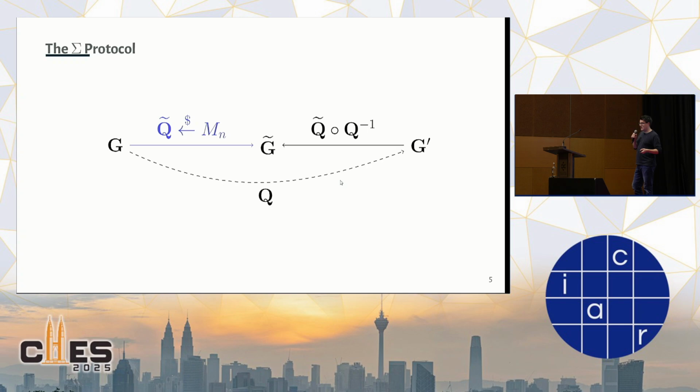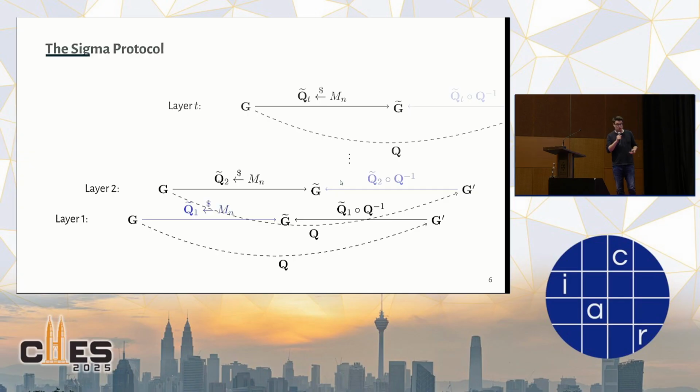Now, a verifier could ask, hey, please open this G tilde so I can verify that you know it. Or he could ask to release Q tilde times the inverse of Q, which would then prove the secret knowledge about Q. This is a complete zero-knowledge Sigma protocol with soundness error 1/2, which means we have to iterate this protocol, as usual, many times to achieve our wanted security level.